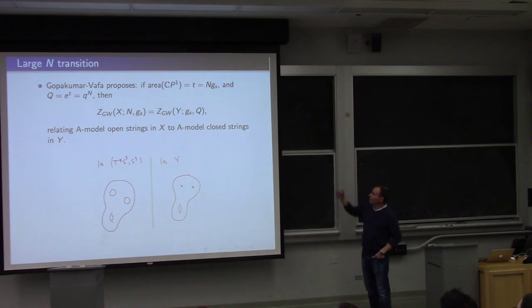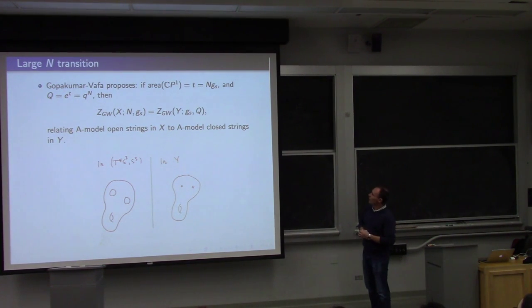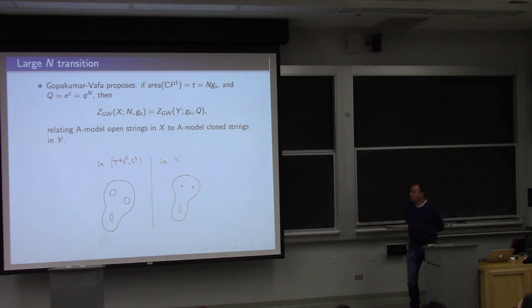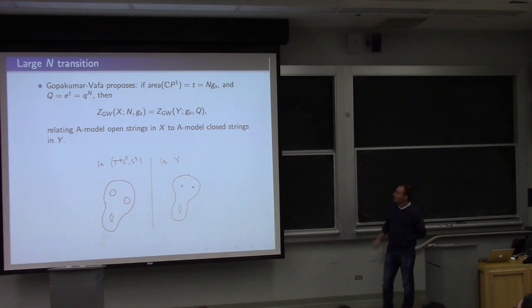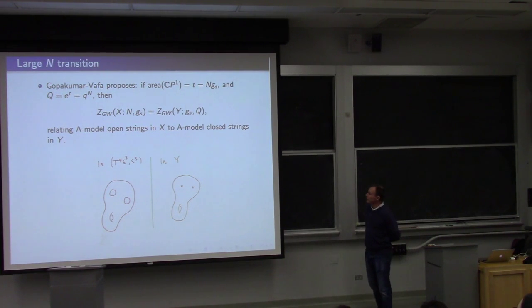basically saying that if you count these holomorphic curves, or the perturbation theory, on the left, then you get the same count on the right, provided you set the area T of the CP1 in the middle equal to n times GS. So you should think of n as going to infinity and GS going to 0, but you keep the product constant.